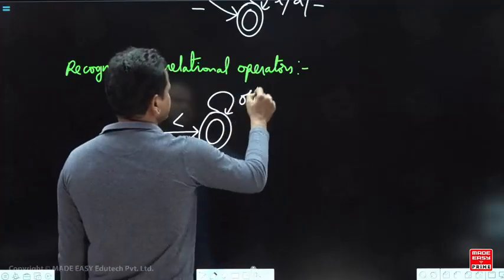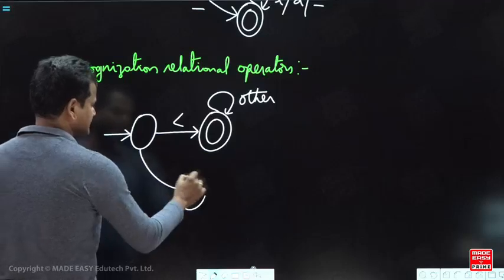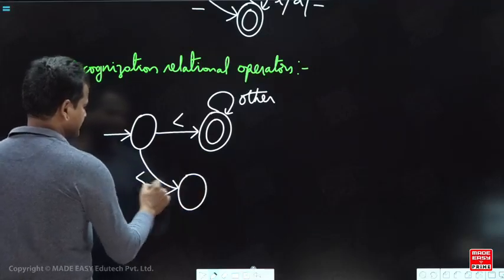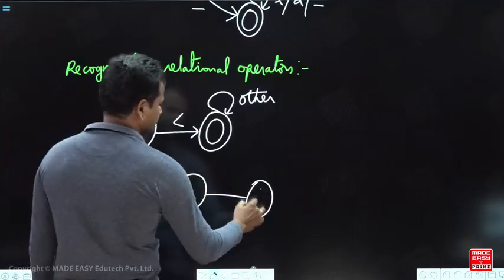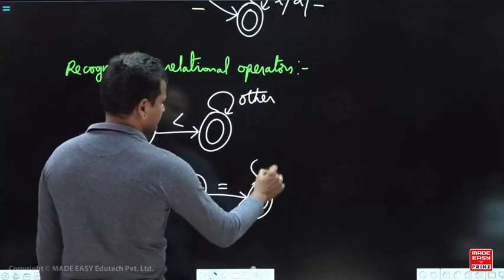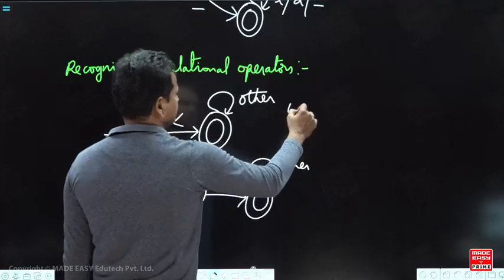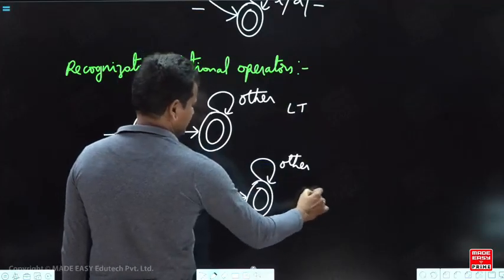So it will be other, something, less than. Suppose less than or equal to. This is less than or equal to, then followed by other. This is for less than, and this is for less than or equal to.